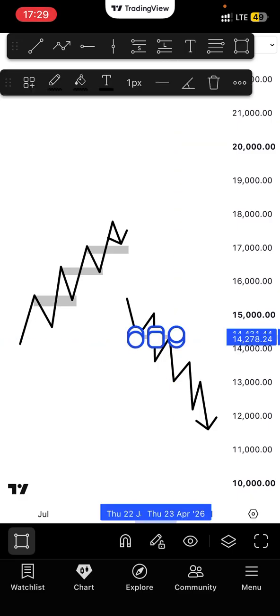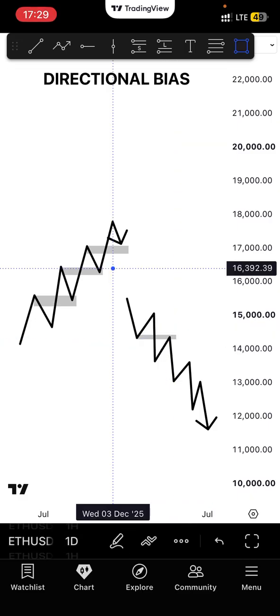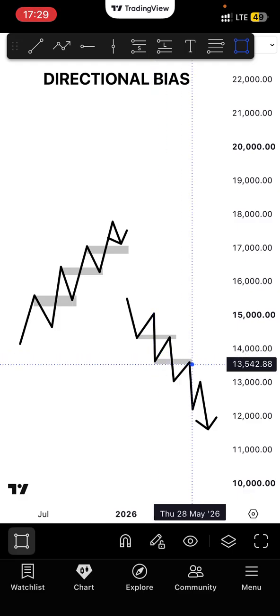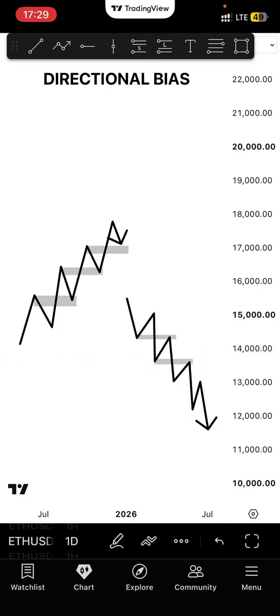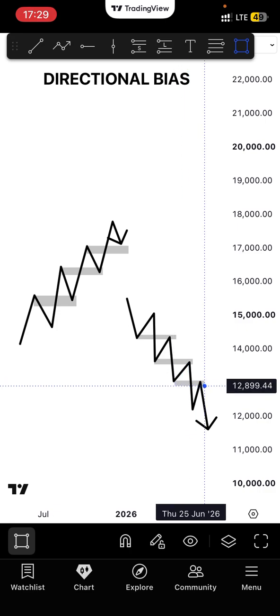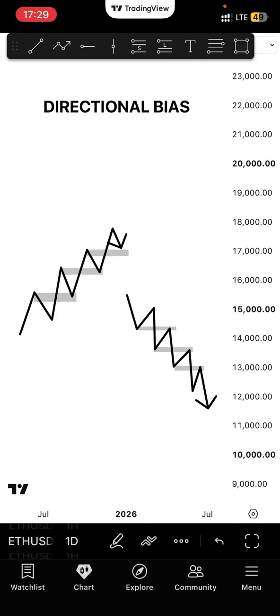So price will most likely come back to the point at which it broke the structure to continue pushing to the downside. So this just means that whenever I come on my chart, I want to see what is happening on the daily time frame, so I can follow it and take my entry.